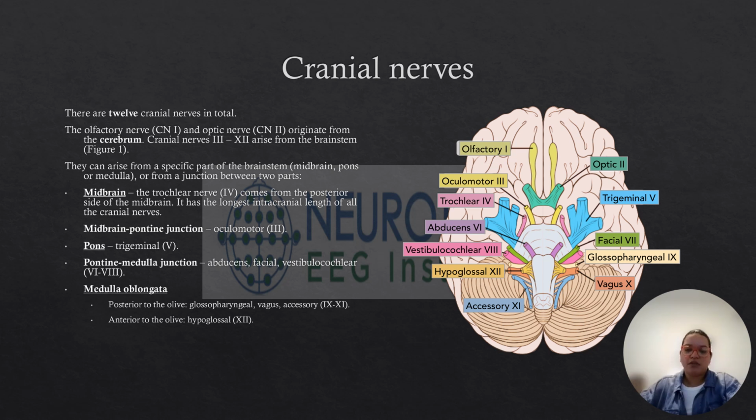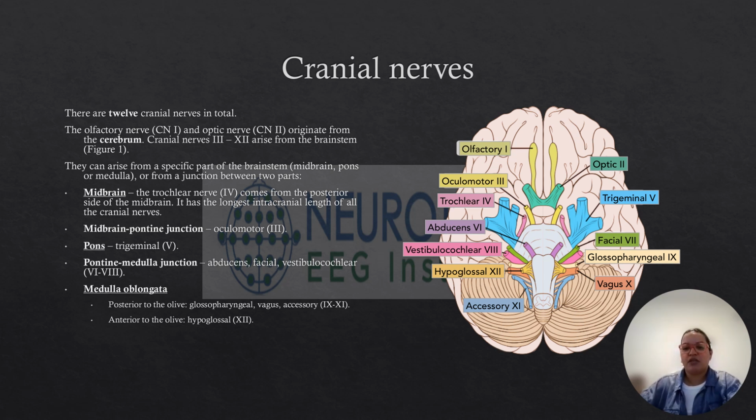So the last thing we're going to talk about is the cranial nerves. This is honestly something that I don't think I saw on my test, but since it's in the handbook, we're going to talk about it superficially. I don't think they're going to be very specific about this. But what you need to know is that two cranial nerves originate from the brain, and the other 10 pairs come from the brainstem.